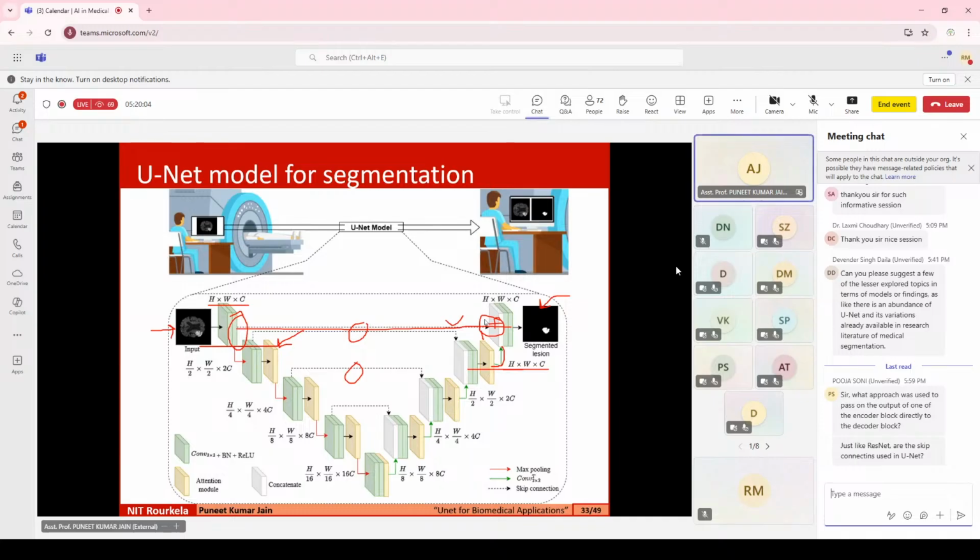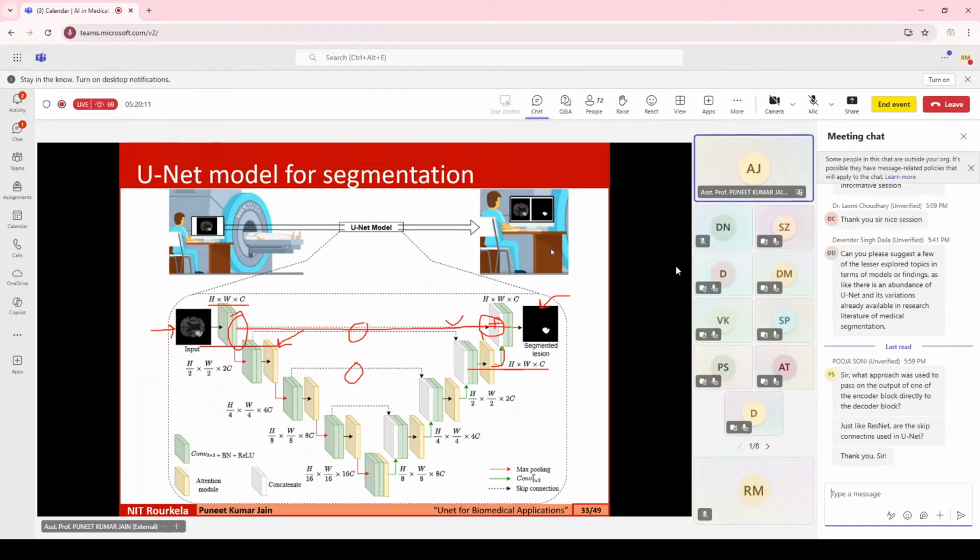Is it okay, or is the question different? Just like the ResNet, are skip connections used in the UNet? Yes, your point is good. You want to correlate these skip connections with the skip connections in the ResNet.